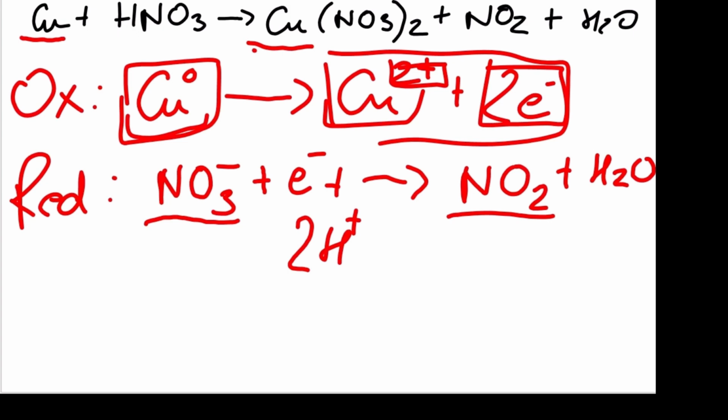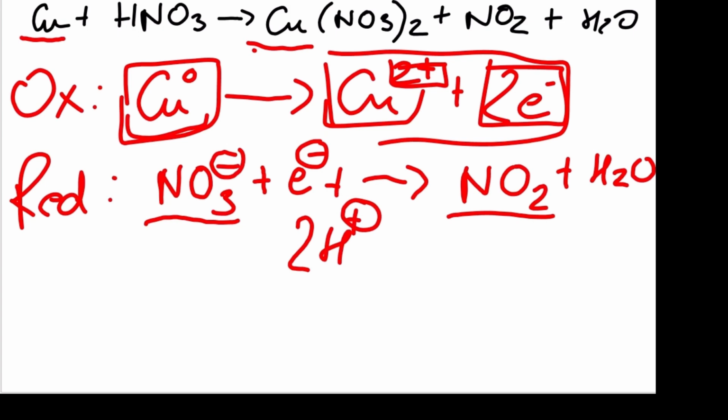On the left side, we have an ion with the charge equal to -1. We have 1 electron, and we have 2 hydrogen cations with the charge equal to plus 1. So the whole gives us charge equal to 0: -1 plus -1 gives us -2, plus 2 gives us 0.